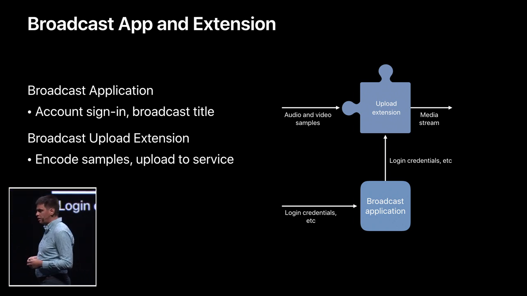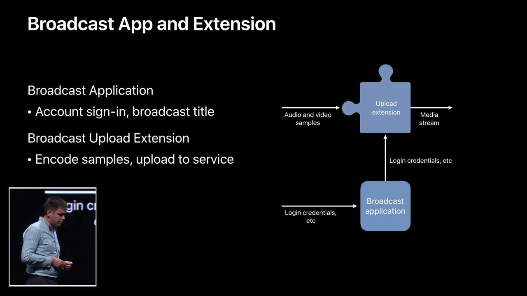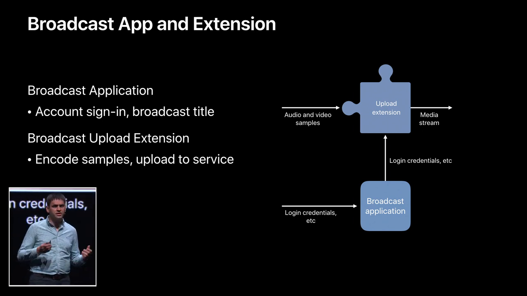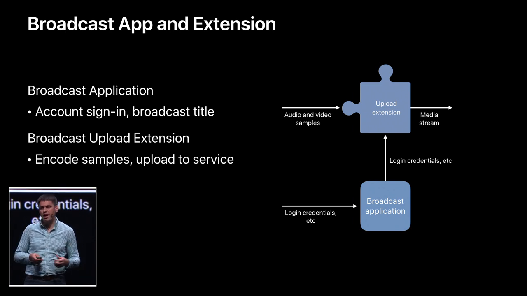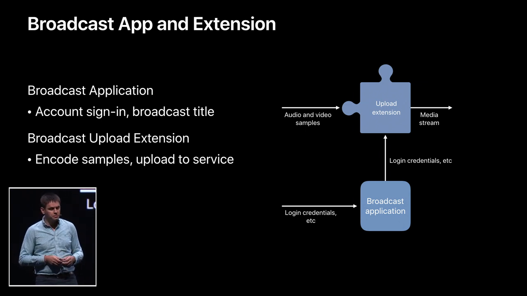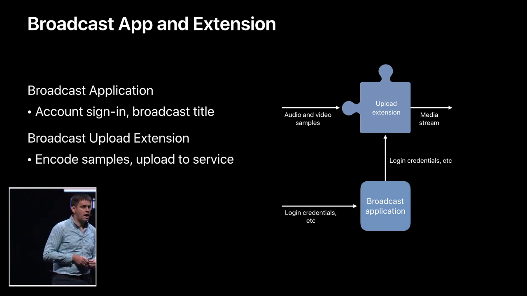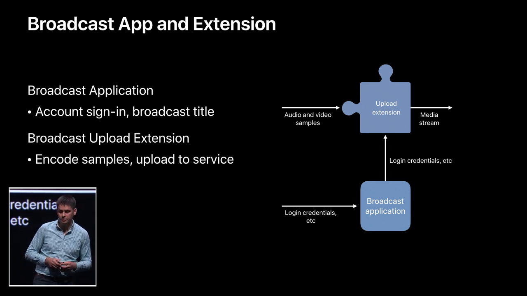You install the broadcast extension along with the application that contains it. So if you install Facebook, you also install the Facebook broadcast extension. The broadcast extension and the application are separate binaries, and each runs in its own process, and those processes are invoked directly by the user and independently from each other.